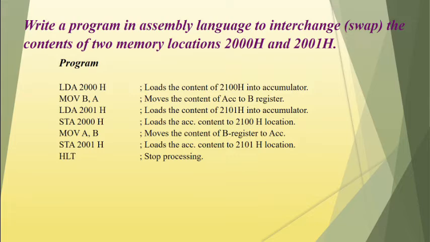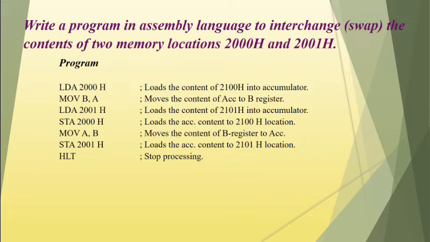Now we have to store the contents of the accumulator into the memory location 2000H. So we will use the instruction STA, which stands for store accumulator contents to 2000H.